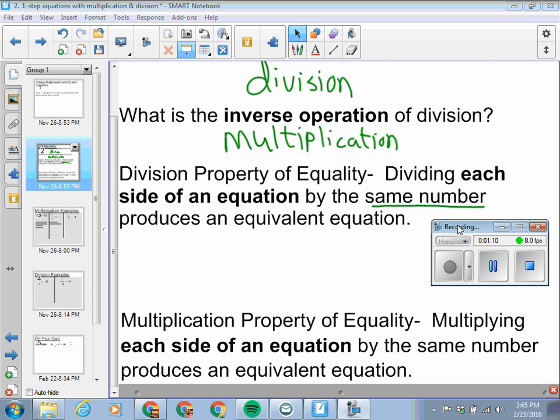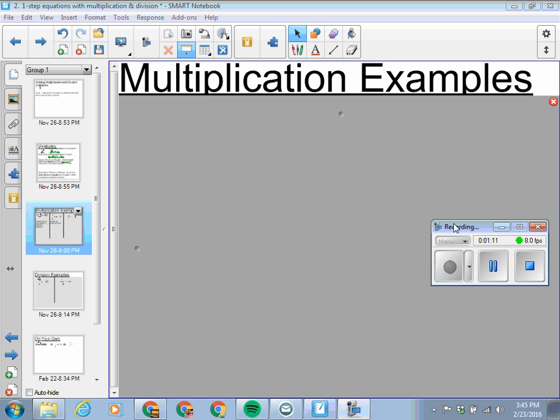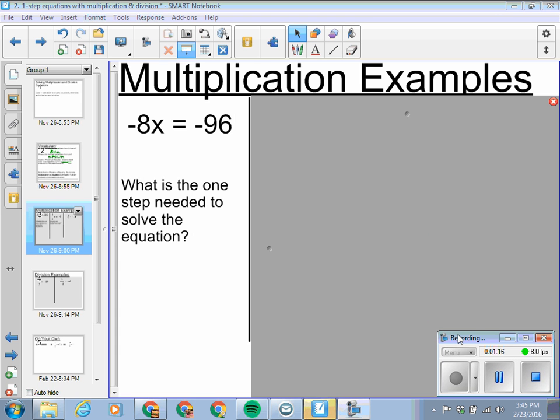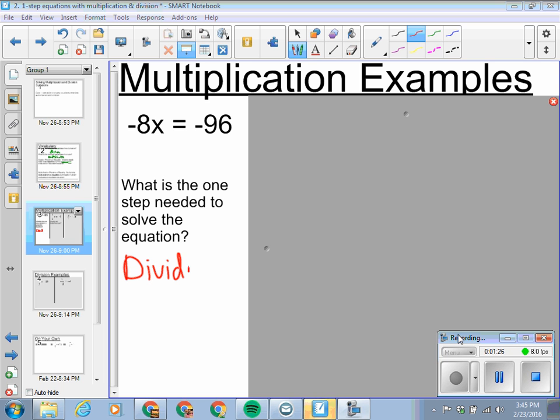Let's start with some multiplication examples. Negative 8x equals negative 96. The step needed to solve the equation: we're going to undo multiplication by dividing, and we're going to divide both sides by the same number.